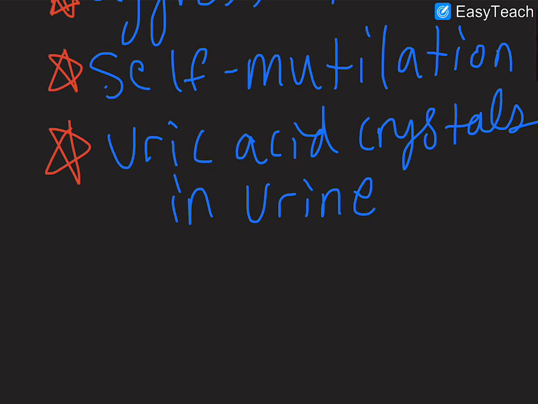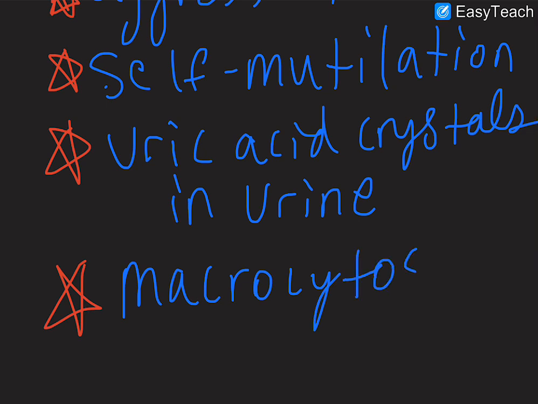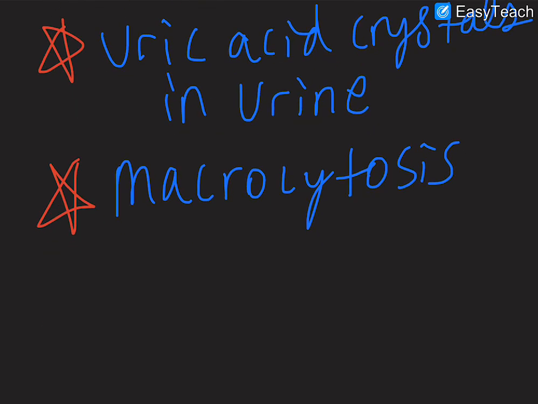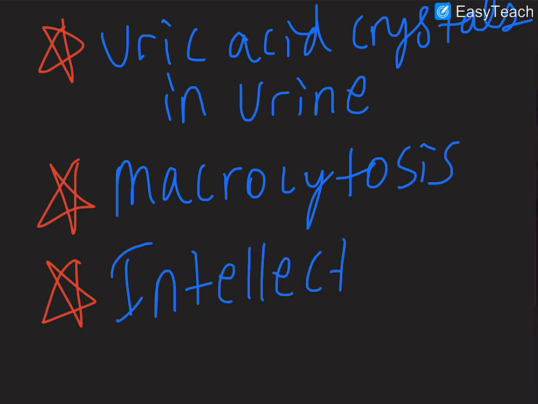All right, you can also have macrocytosis, where you have larger than normal size red blood cells in Lesch-Nyhan syndrome. That's important to know. Macrocytosis. You can also see intellectual disability in patients with Lesch-Nyhan syndrome.